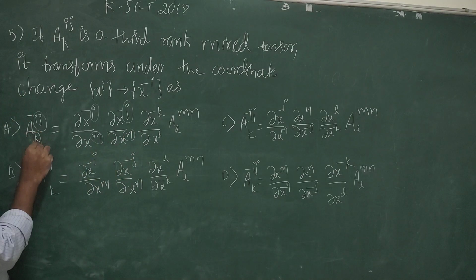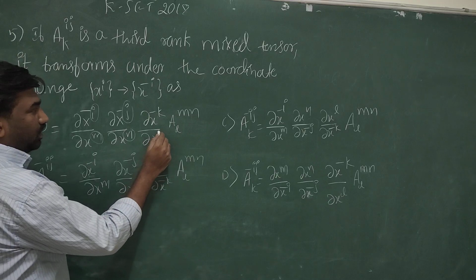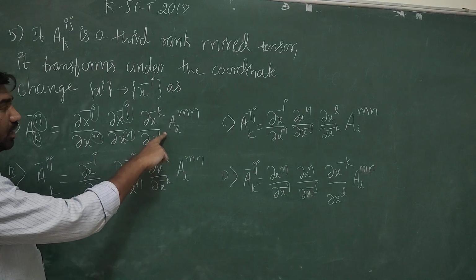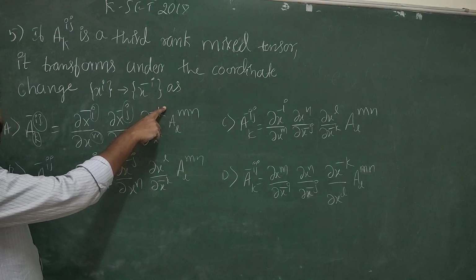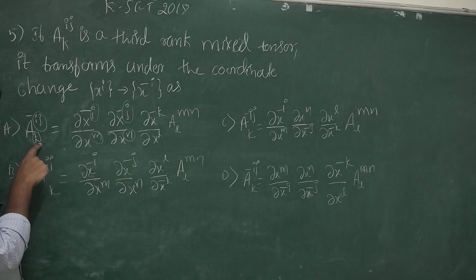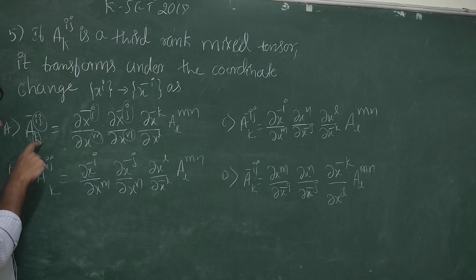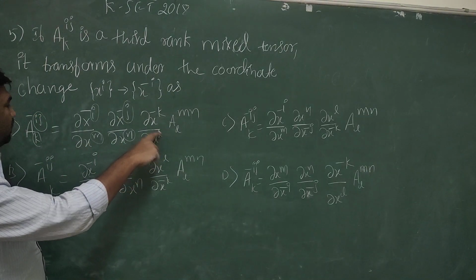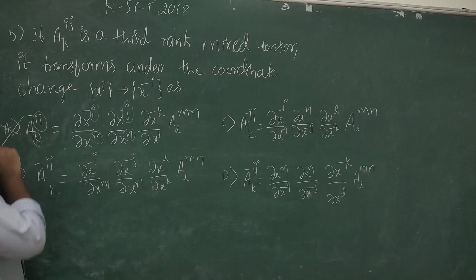And the k here is also k, so if there is k, the k must also be in the denominator, but here the k is in the numerator. Numerator and denominator mean it is covariant or contravariant. So if k is in the suffix, that means below, here it should also be below, otherwise it is not a correct answer. So option number A is not correct.